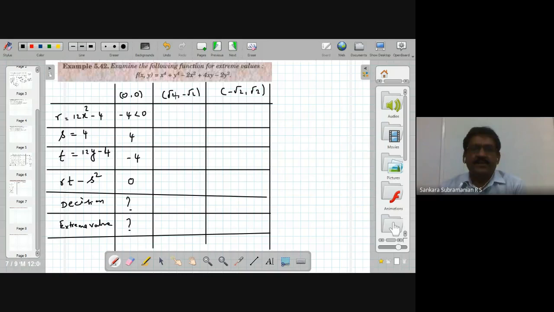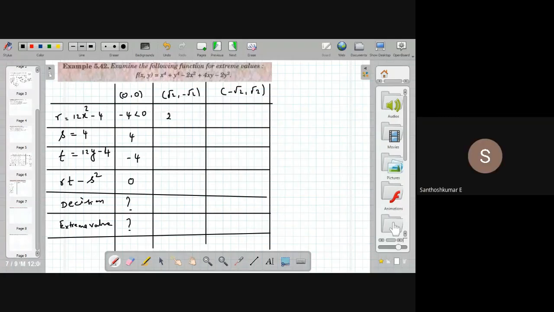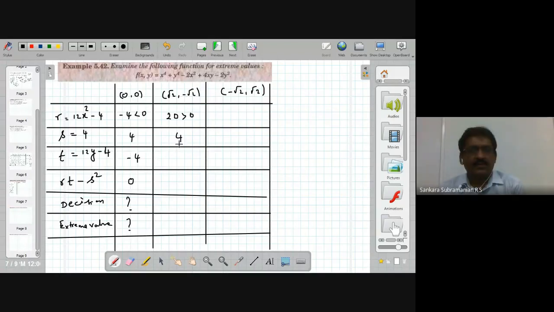Next, if we go with x is equal to root of 2, then you get 24. This root of 2, the whole square becomes 2. 24 minus 4 is 20, which is greater than 0. And this is 4.